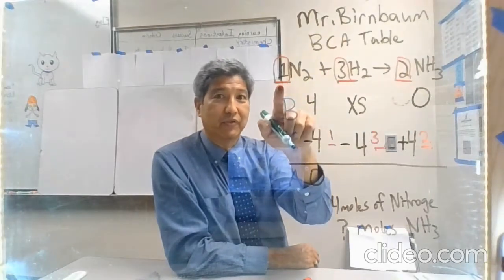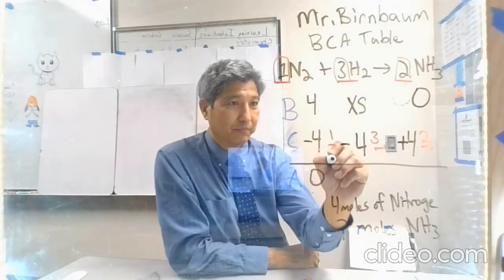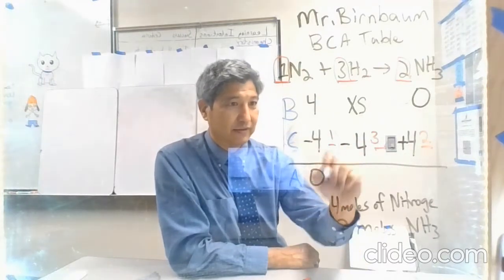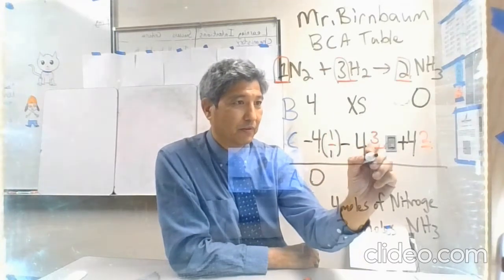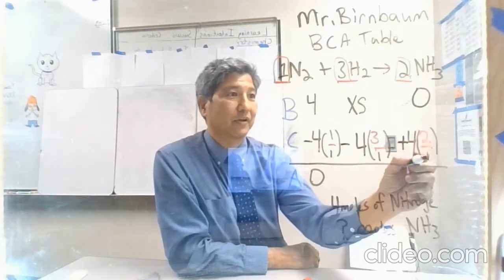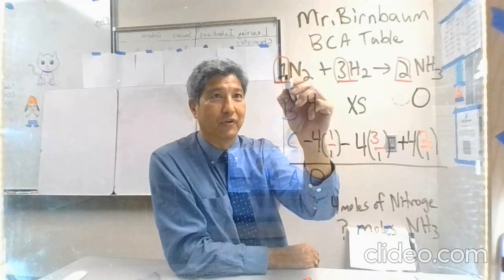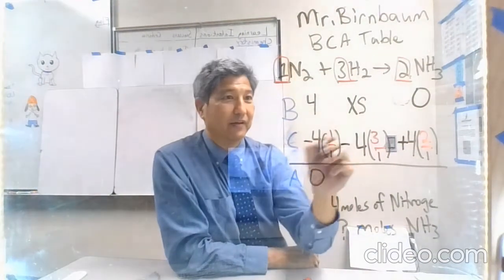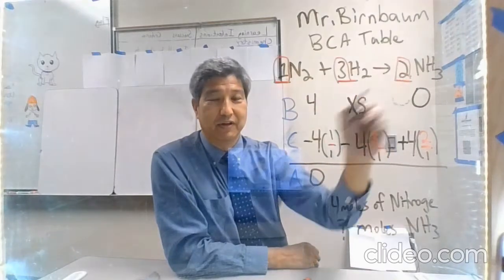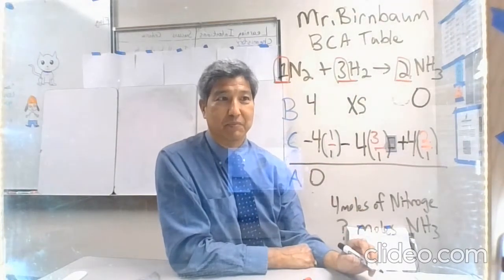The number in front here is a 1, so I'm going to put a 1 there, and 1 in this denominator, and 1 in this denominator. So all of these come from this one right here. All the numbers on the top come from my balanced equation, all the numbers in front of these compounds.